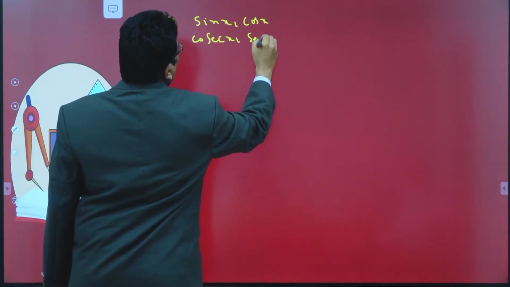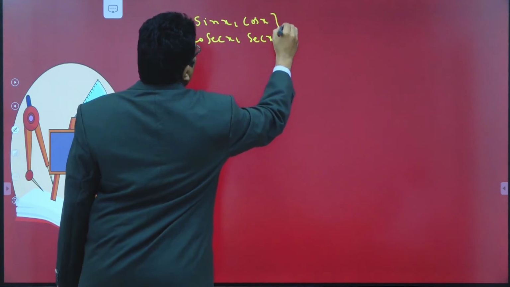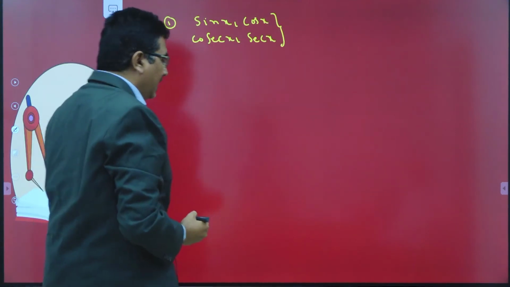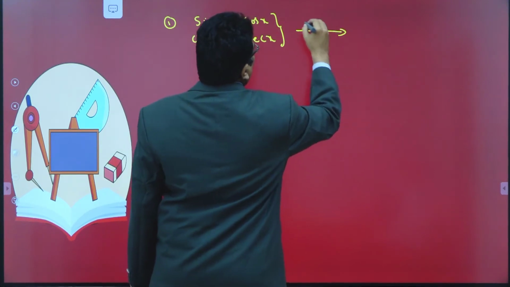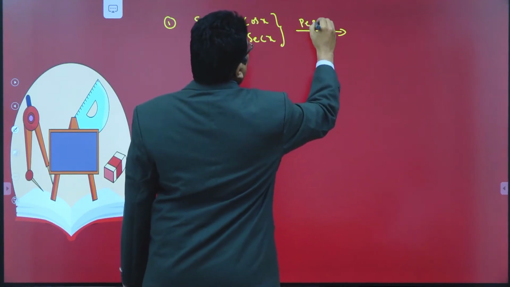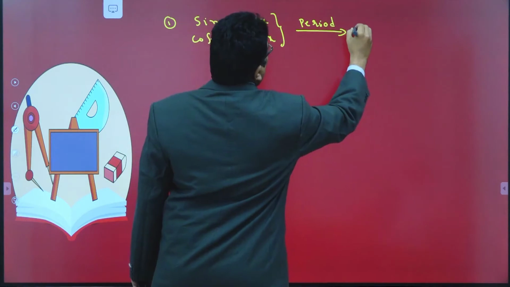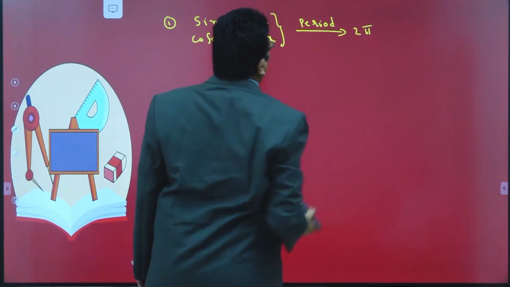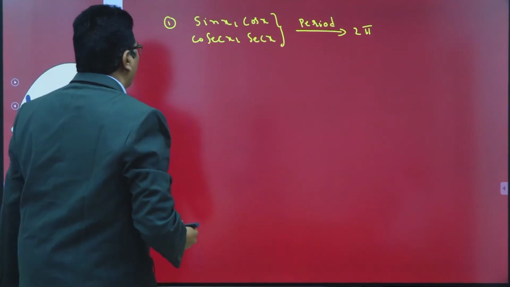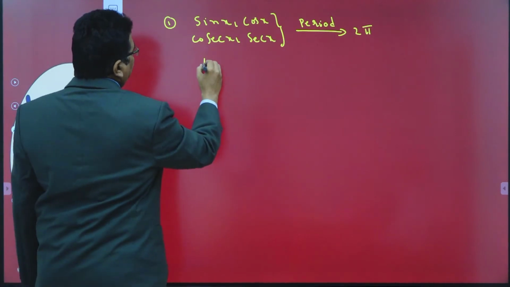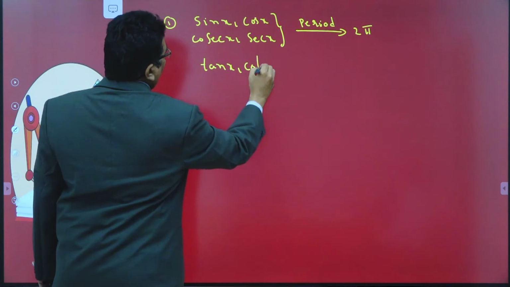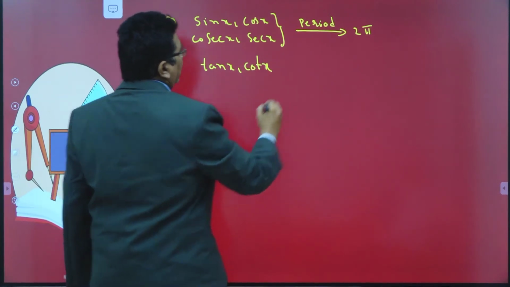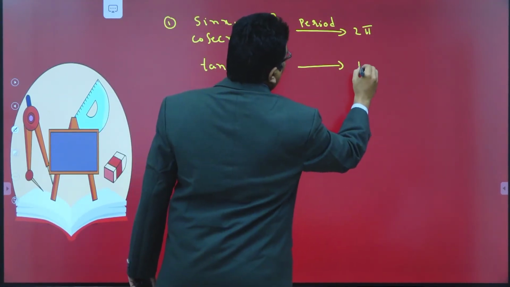The period of these four functions is 2 pi. The period of tan x and cot x is pi.